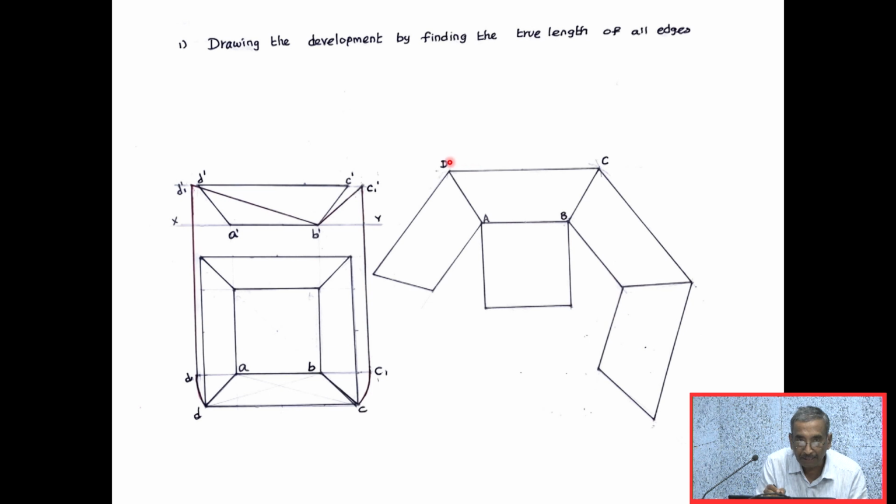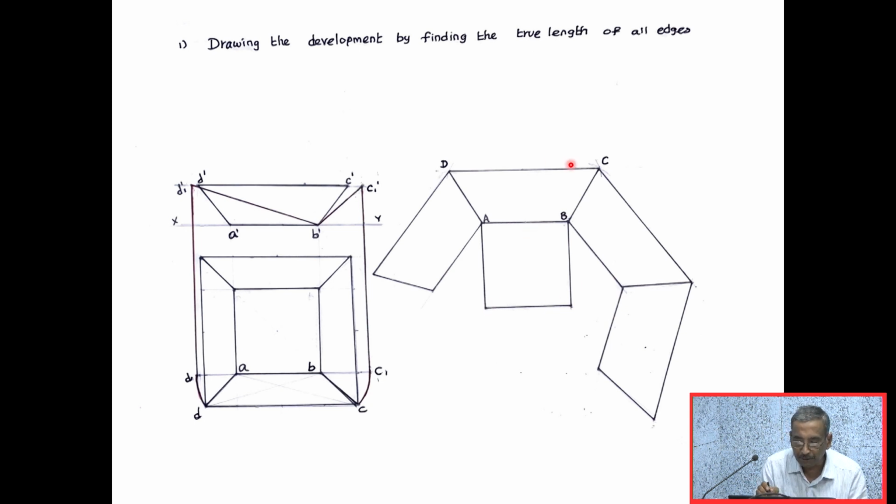The intersecting point will be D. So ABCD will be the true shape of the one slant face. Once you get the true shape of one slant face, then we can copy and paste, we'll be getting other three faces also. At the bottom, I can draw the square, which is the bottom of the tray.